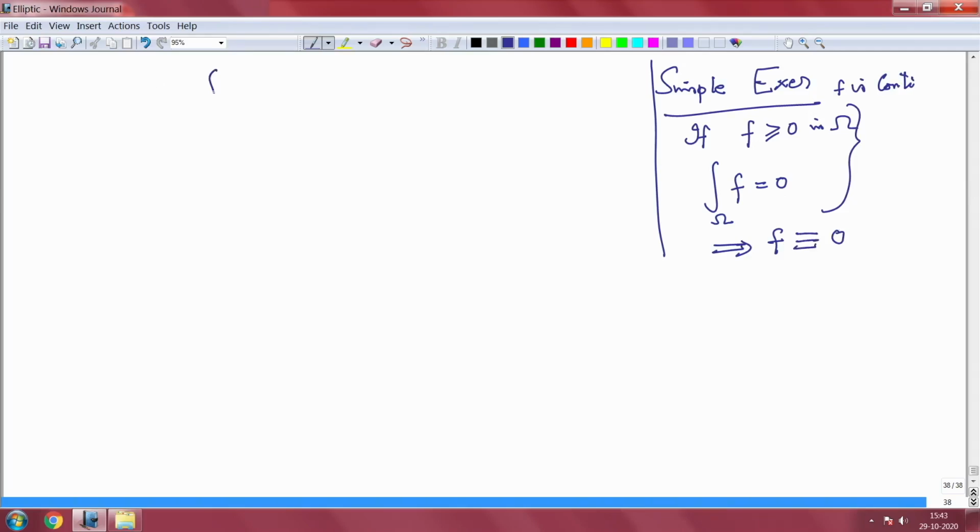So we have the integral of u minus m dy over B_R(x) less than or equal to 0, and u minus m less than or equal to 0 for all y.